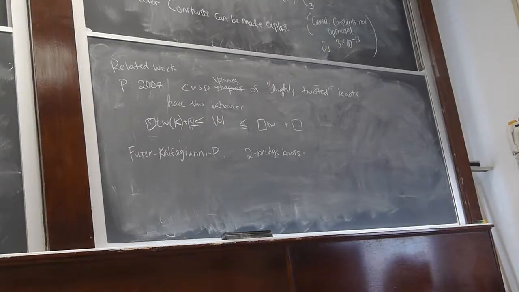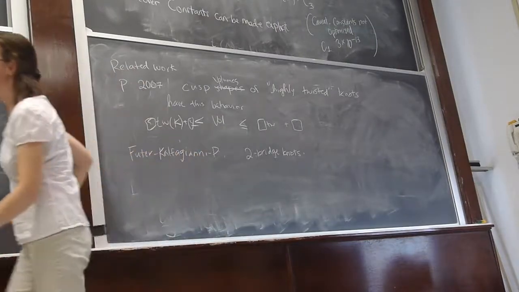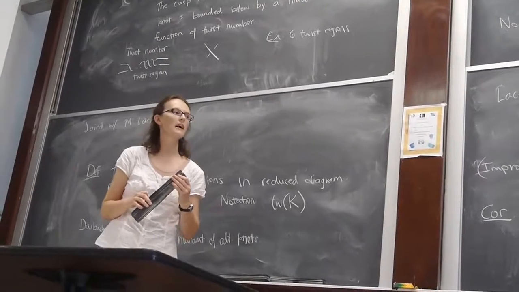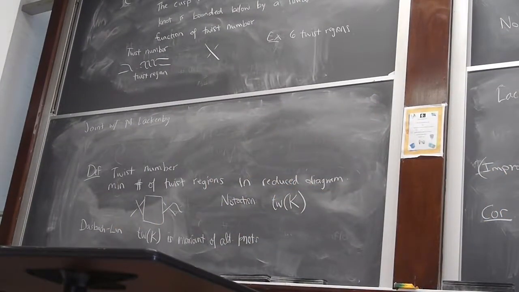So let's give a sketch of the proof. There are some ideas that go into this. Does this give you any idea about the cusp shape? Kind of. Remember the cusp shape is the shape of the torus.